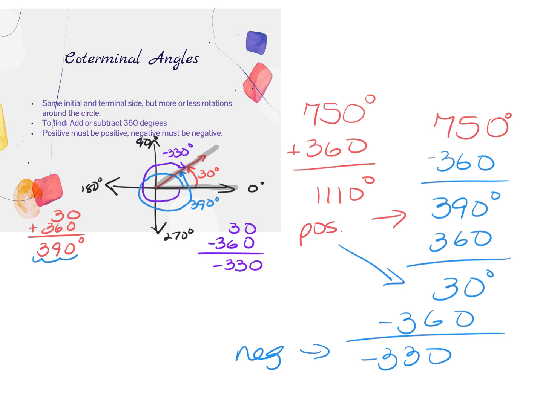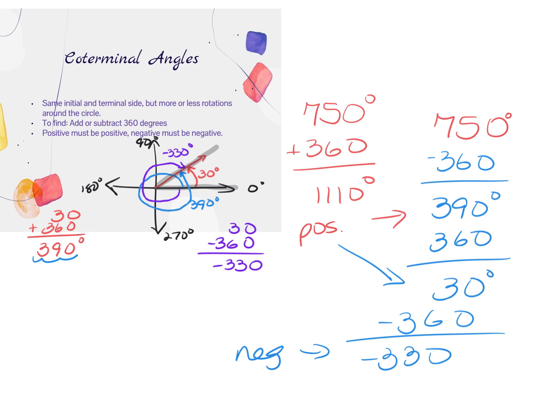Or let's say you have a really small negative number and you may have to add 360 a bunch of times to get a positive. If I had to graph these, I would have just done the subtraction to get my positive. But again, it doesn't really matter.